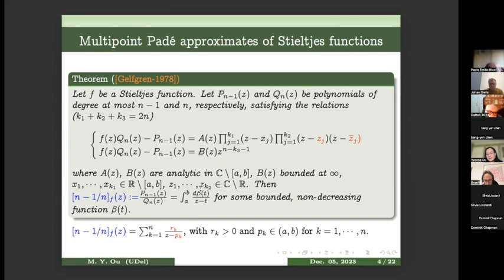Because there will exist a positive measure beta to make this happen. And the most important thing is what I put at the bottom here. Even though your Stieltjes function can have any type of singularity you want on the real line, its rational approximation must have simple poles. So this is something very important in application.